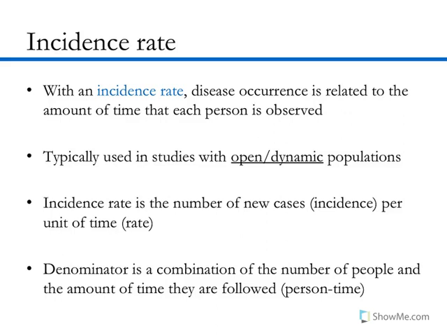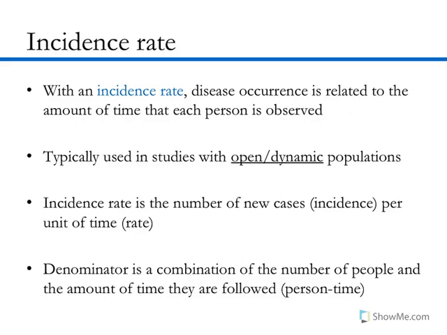This is an important calculation because incidence rates can take into account the fact that most of our populations are open or dynamic populations, where they're fluid and people are constantly moving in and out of the population. This is particularly true when we're conducting research studies, where if we're following up people for 1, 2, 3, 5, 10, 20 years to examine who develops disease over a period of time, inevitably some people who we start following aren't going to be able to finish the entirety of the study.